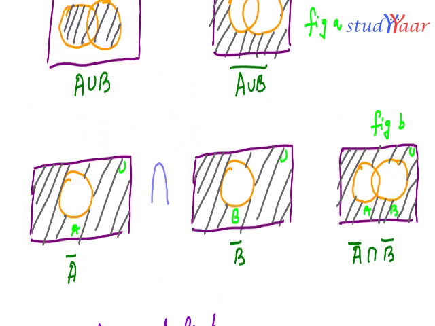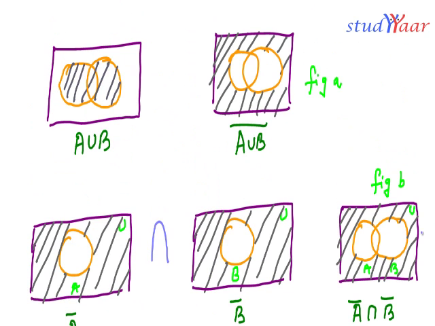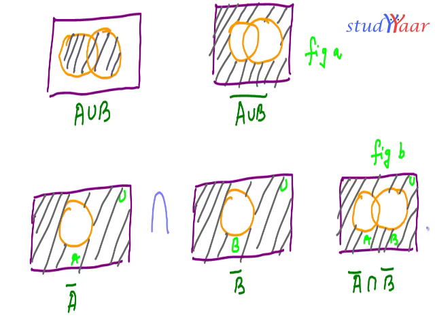So this is your proof with the help of Venn diagrams. If you can prove that the Venn diagrams of two sets are the same, that they are showing the same region, then you can safely say that those two sets are equal.